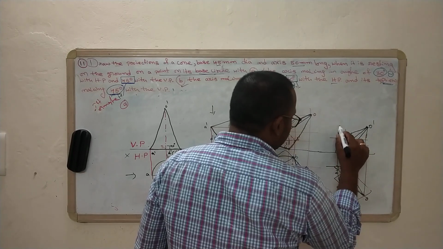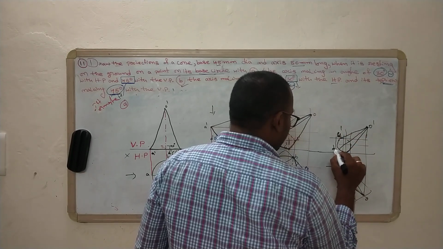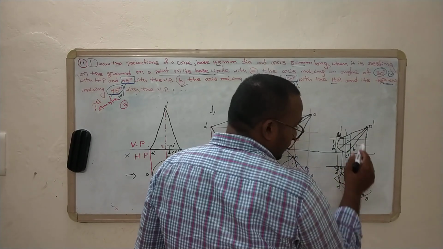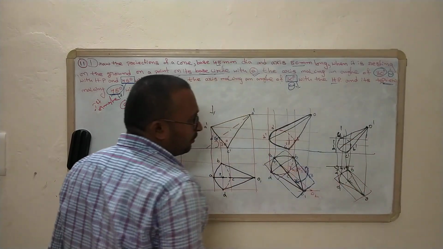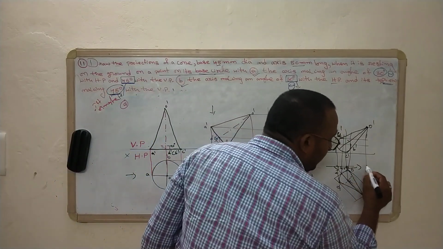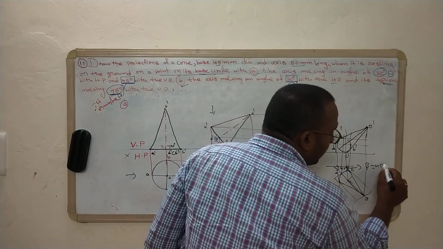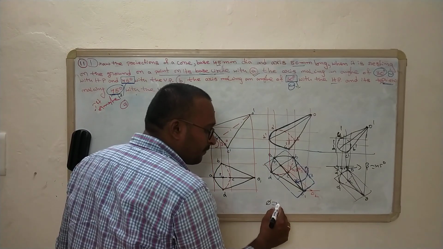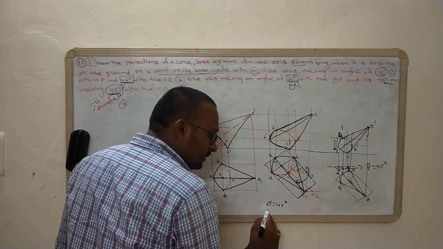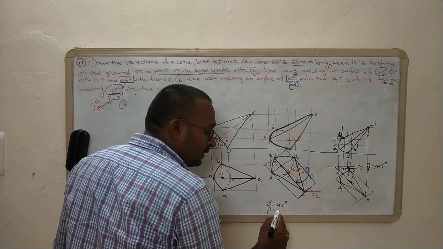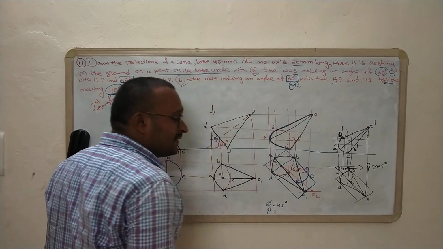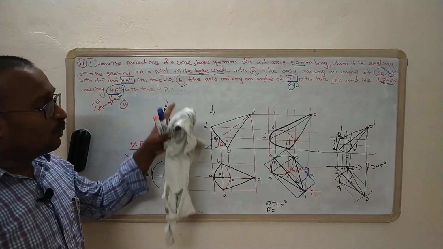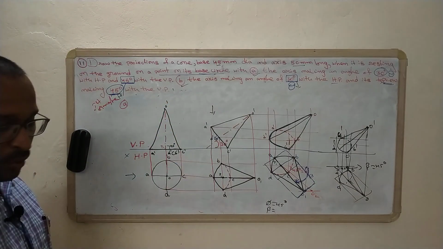So here it is A dash, D dash, C dash and B dash. Like that we will get the desired output. So directly they have given the beta angle is equal to 45 degrees. But if they have given a phi angle of 45 degrees, then you need to determine the beta angle. It should be greater than the 45 degrees angle. So this is the overall solution for the cone problem.